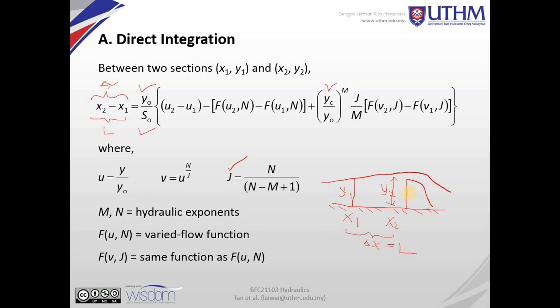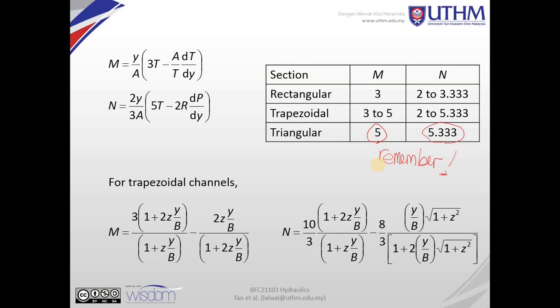And one more thing is the very wide channel shape. The very wide channel shape, you also need to memorize M equal to 3 and N equal to 10 over 3.